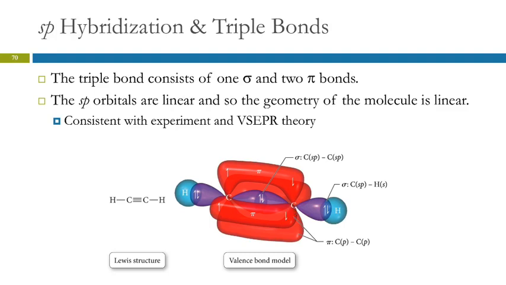This carbon will also have an sp orbital that can overlap with the hydrogen. And then we've got 2 pi bonds. There's this one that's above and below, and there's this one that's in front and behind. The shape of this is consistent with experiment and VSEPR theory.